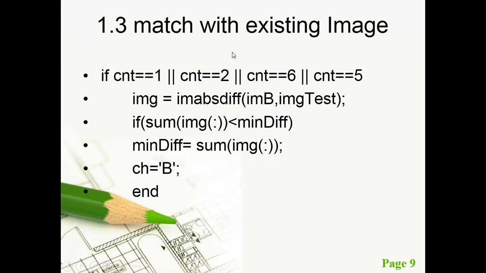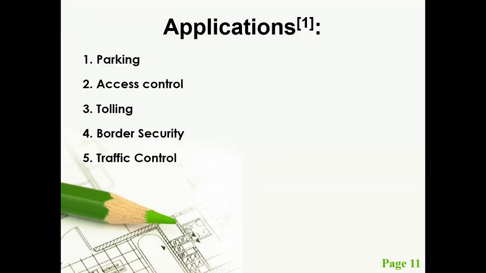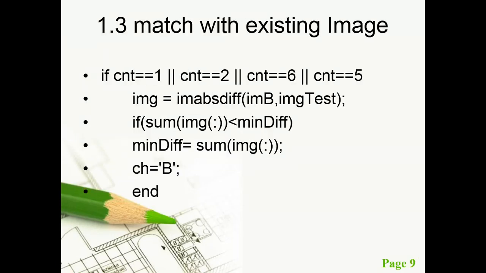Third one, match with existing image. Once we convert that image into a grayscale image, we cut it into small boxes and match them with the existing images, that is, A to Z characters and 0 to 9 numbers.